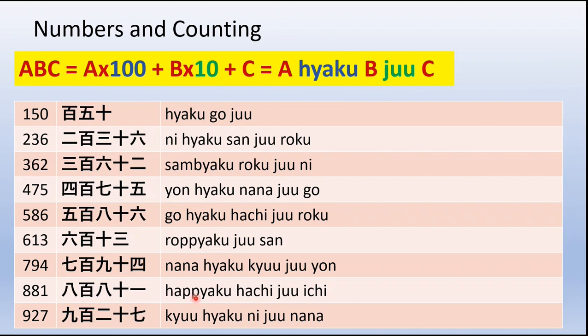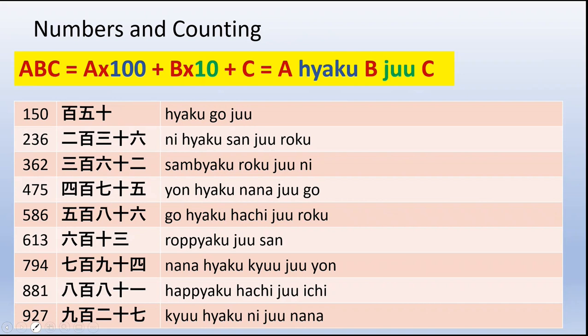So 800 is hapyaku, 80 is hachiju, and 1 is ichi. Hapyaku hachiju ichi. The final one is 927, which is kyuhyaku niju nana. Kyuhyaku is 900, niju is 20, and nana is 7.